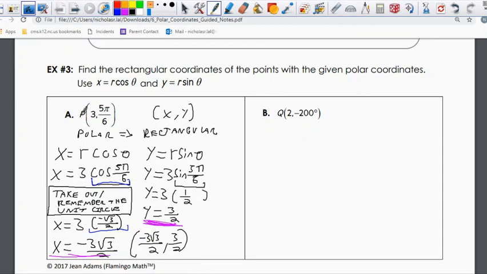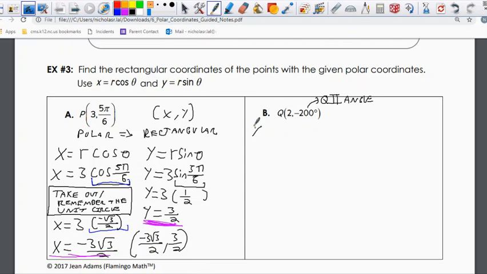Okay, so that is A. For B, we have 2, negative 200. So remember, this is a quadrant 2 angle because this negative 200 is bigger than 180 but less than 270.